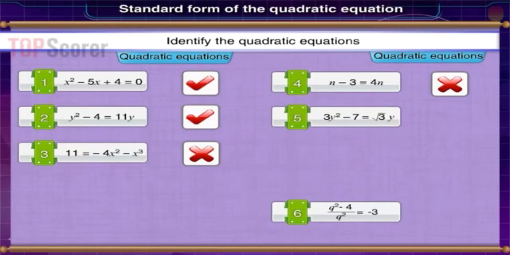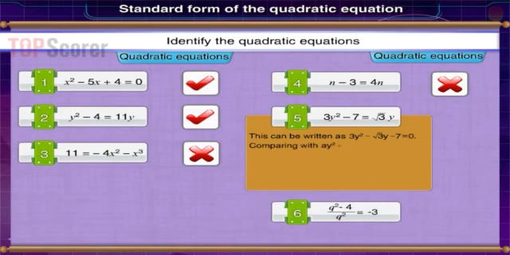The next equation is 3y square minus 7 equal to root 3y. Writing the given equation in the standard form, it becomes 3y square minus root 3y minus 7 equal to 0.